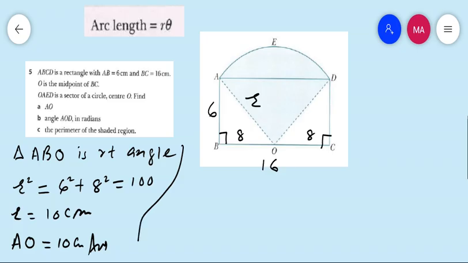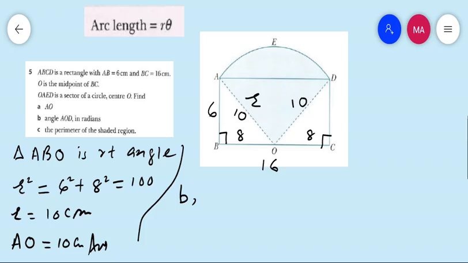Come to part B. Angle AOD. Now we have to find angle AOD. This is 10 radius and all radii are equal. This is also 10. And O is the midpoint.